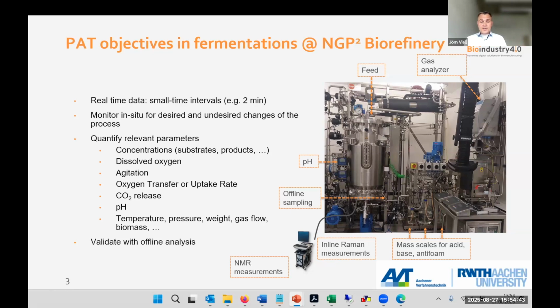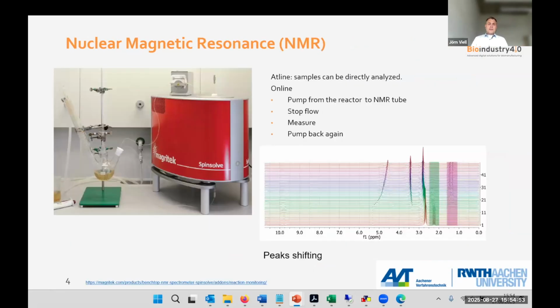This is how we set up our process analytical techniques, in particular Raman measurements or NMR measurements. How does that look like? NMR is something that you might only connect with chemistry labs. Now they have been able to scale that down in the last decade, roughly, to benchtop NMRs.